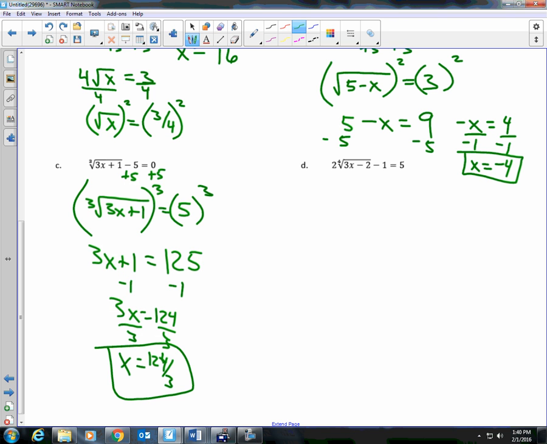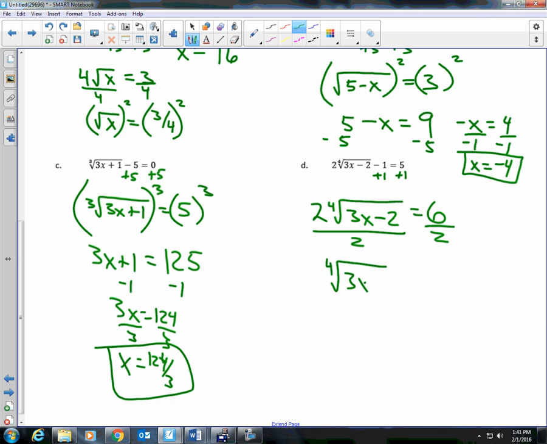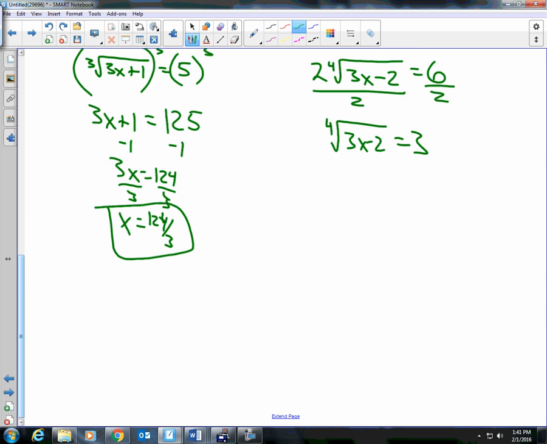Last one, D. We kind of put everything together. First step. So I get 2 times the 4th root of 3x minus 2 is equal to 6. Divide by the 2 first. Now what?